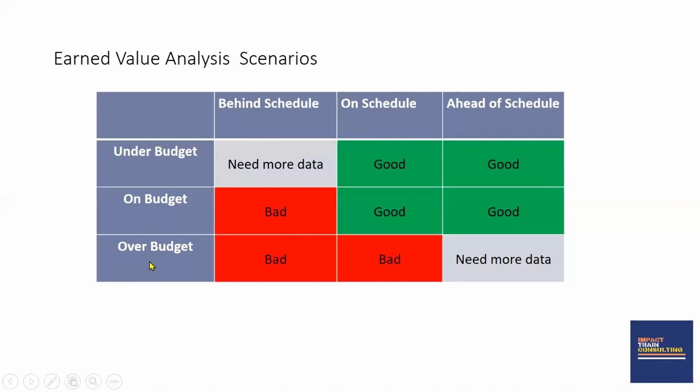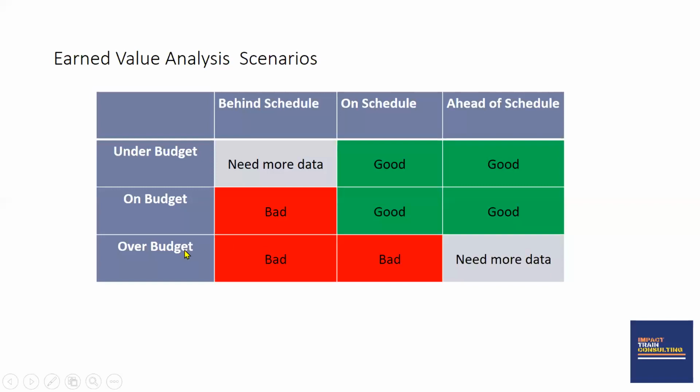When you are over budget and behind schedule, it is bad. When you are over budget and on schedule, it is bad. So we see that over budget, whether behind schedule or on schedule, is a bad situation for you to be in.